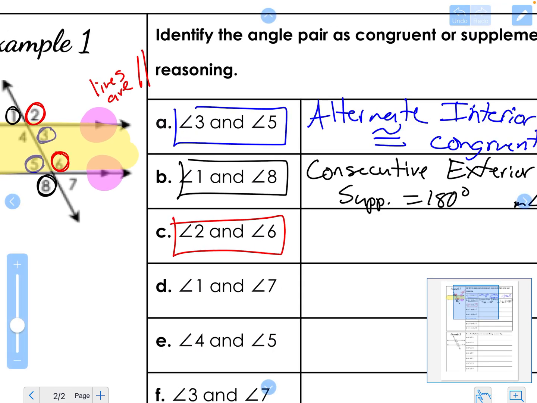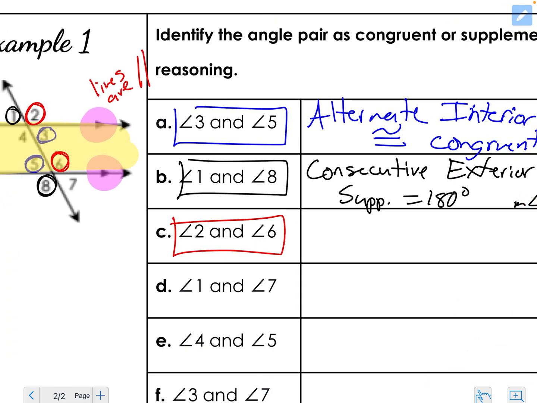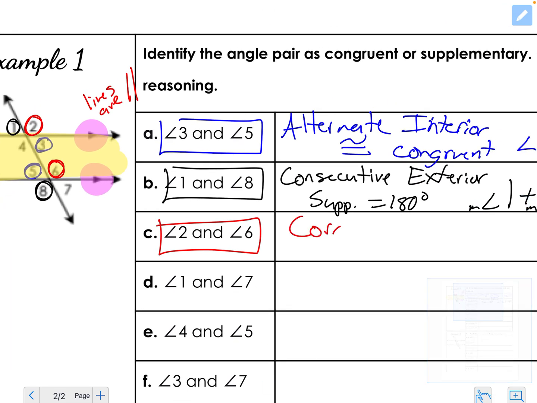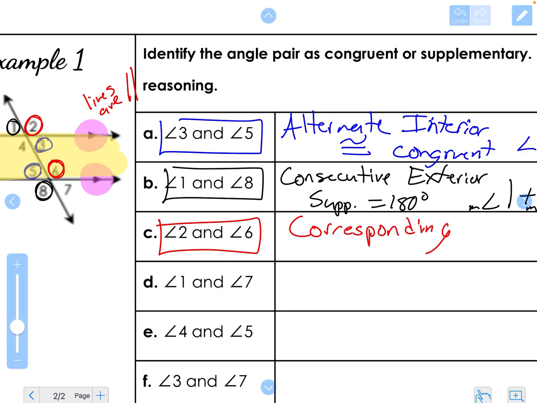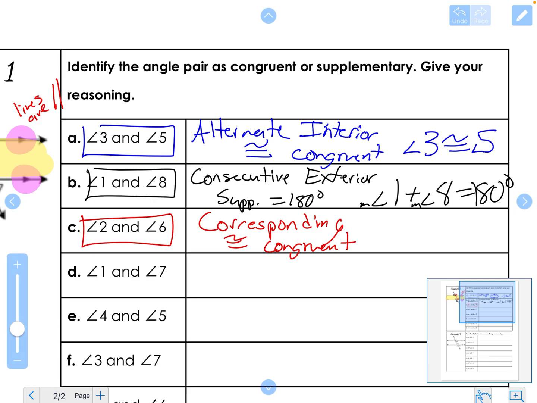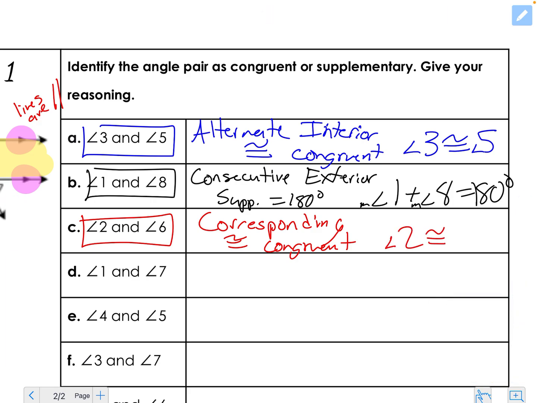So that means they are in the same position, which makes them corresponding angles. And if they are corresponding angles, I know that they are congruent. And so angle 2 is congruent to angle 6.